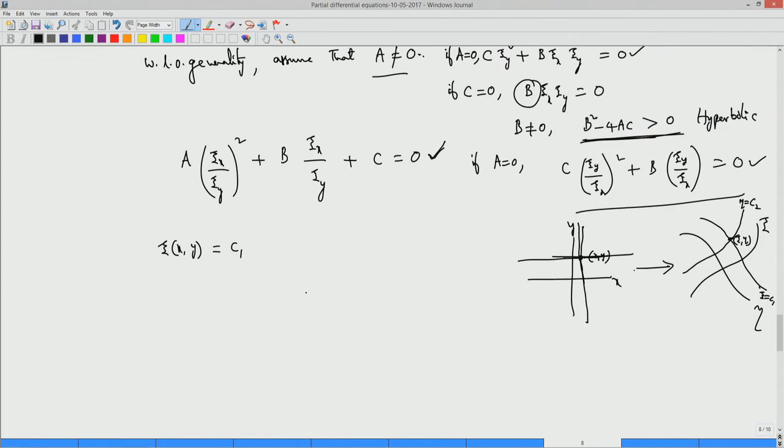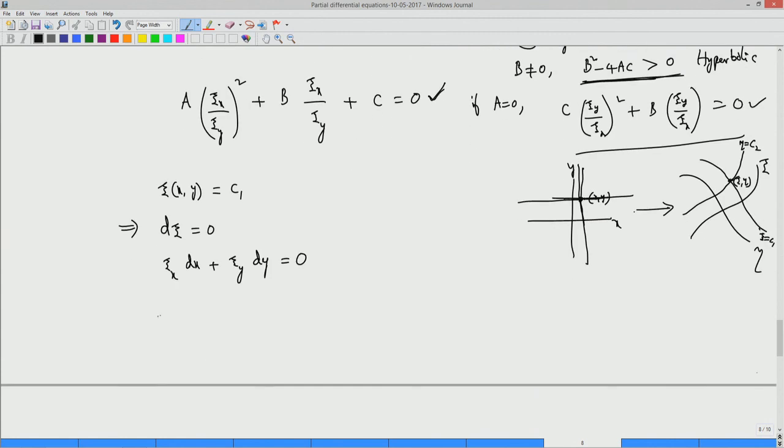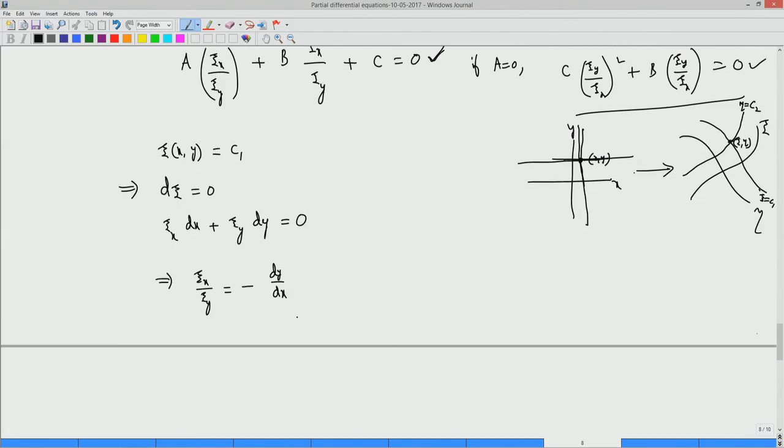Now, what is the total derivative? d xi equal to 0. This means xi x dx plus xi y dy equal to 0. What we need is xi x by xi y, so xi x by xi y equals minus dy by dx. This you go and replace there.